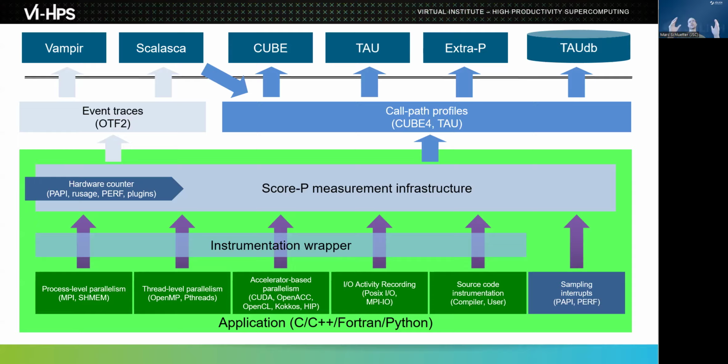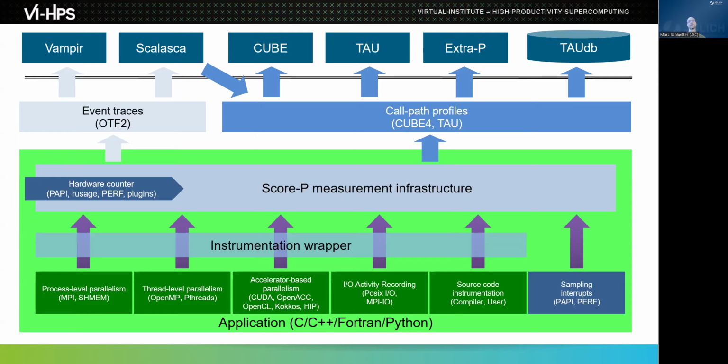Underneath is the measurement infrastructure, which will be attached to your application run, which provides access to the various paradigms, and also additional support for counters. The most common use is probably PAPI, but you also get rusage and perf. And we have a plugin interface that allows you to write your own plugin or use external plugins to connect to other sources.